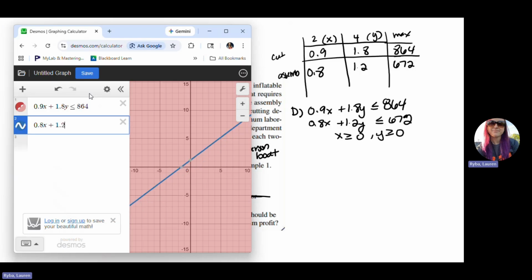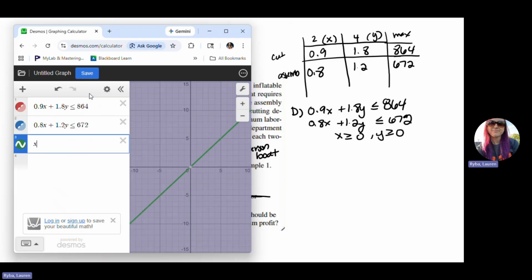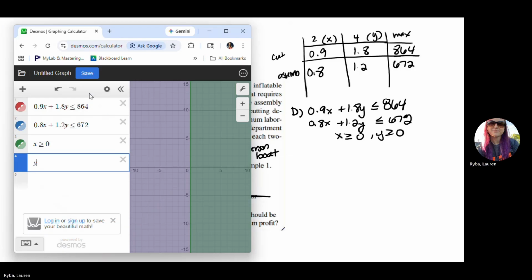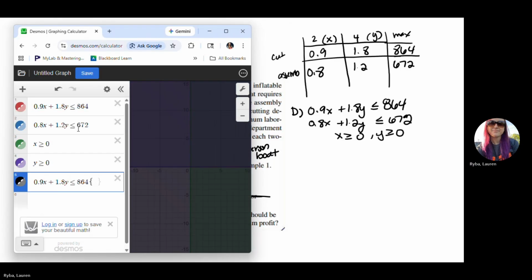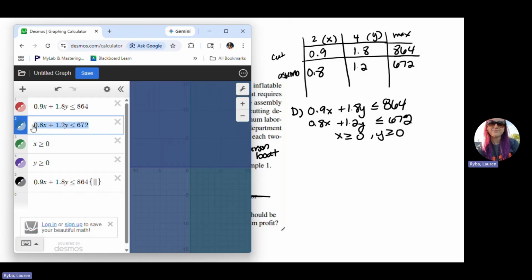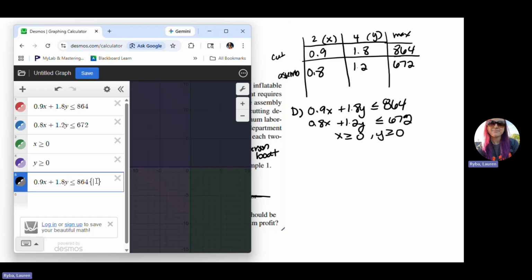0.8x plus 1.2y less equal 672. X greater equals 0. Y greater equals 0. So I enter all of those first so that I can take the first one, paste it, and copy all the constraints over in the curly brackets.